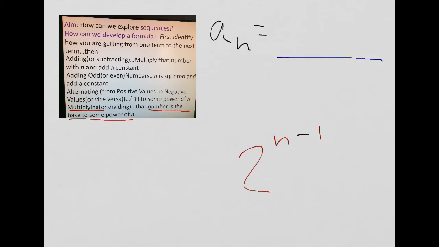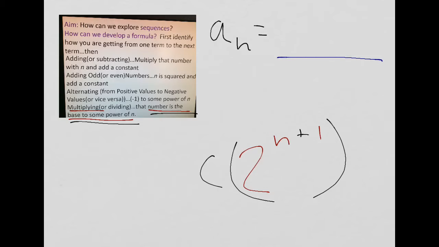And that could be your rule or formula that will give you all the terms of your sequence. So it's important to identify what that number is that you're multiplying to get from one term to the next, and then just adjust it along the way. Sometimes you have to multiply it by some sort of constant. That's what I was talking about previously.